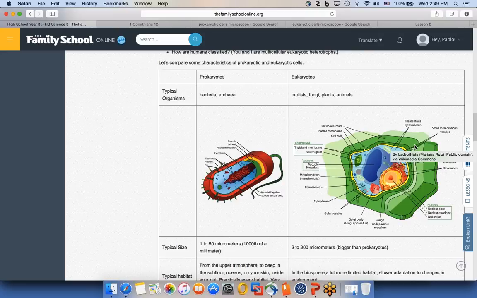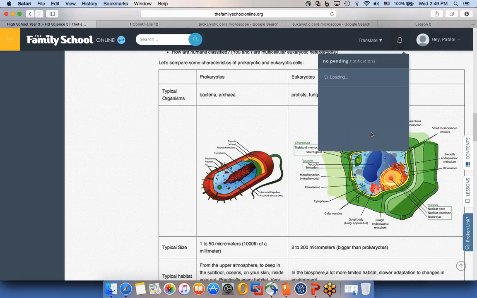To move. Emmeline says moving. Maria says to feed. What do you think? The flagellum is for moving, I think, but I'm not sure about the other ones. The cilia? Yeah.